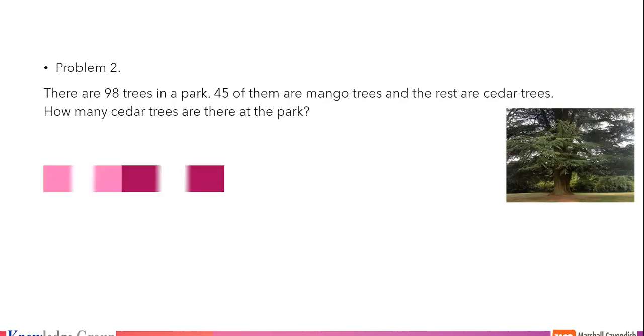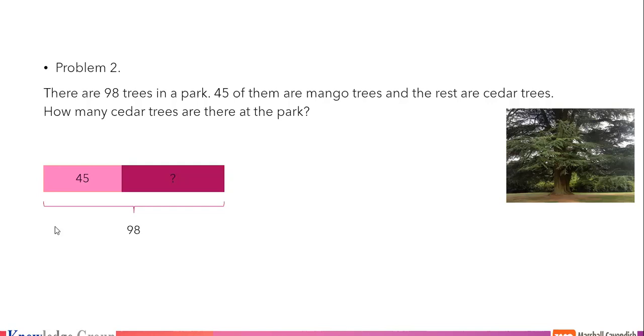We're going to draw our bar. And I say, okay, I have my bar. I have my total. It's telling me it's 98. And 45 is a part. What am I missing? I'm missing the other part. So I'm going to put my question mark here because I don't know how many cedar trees there are.